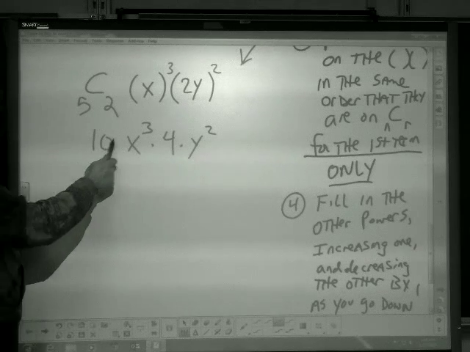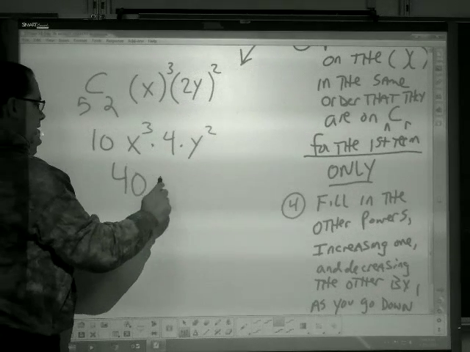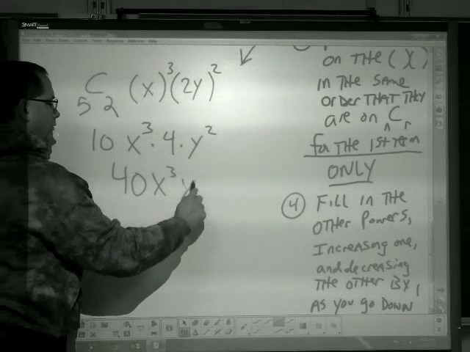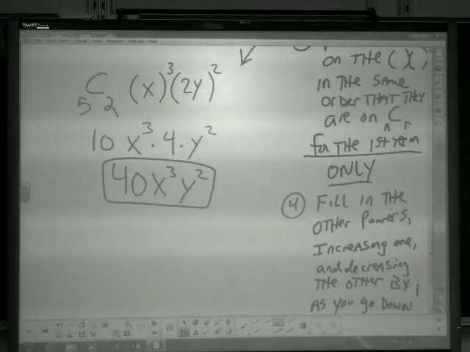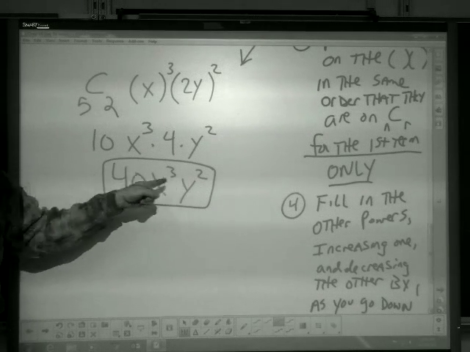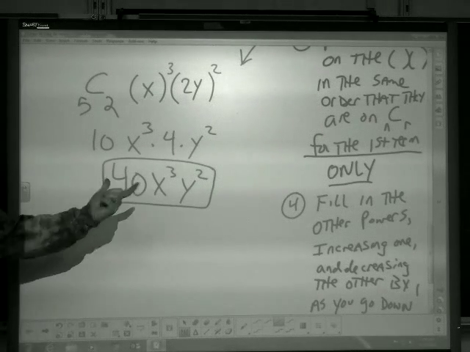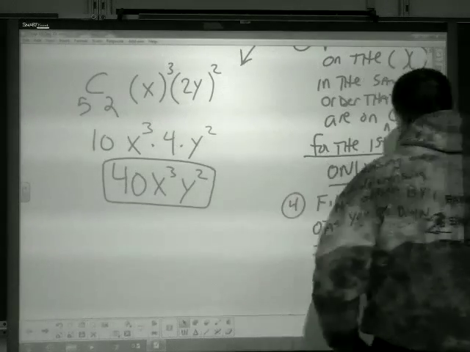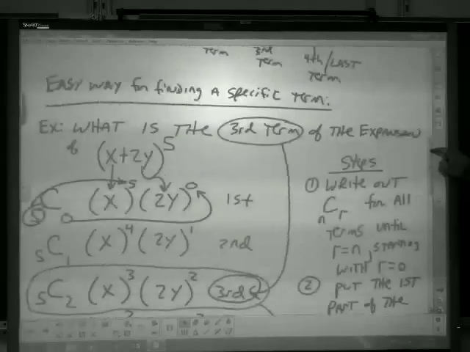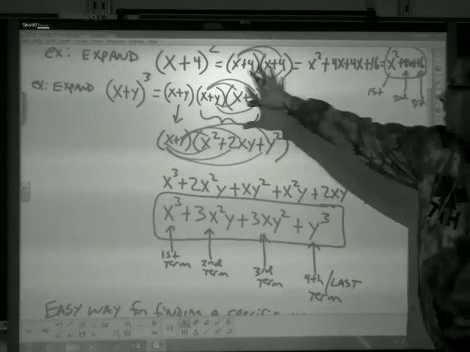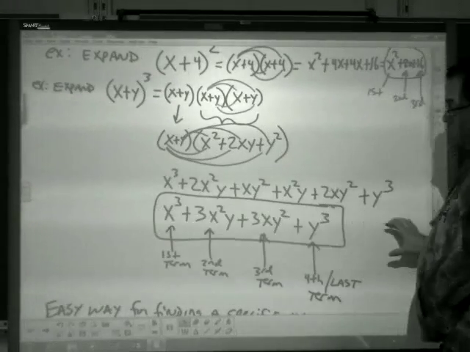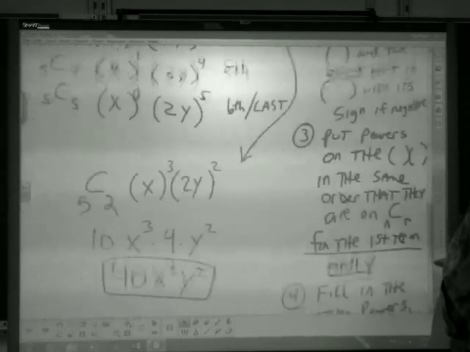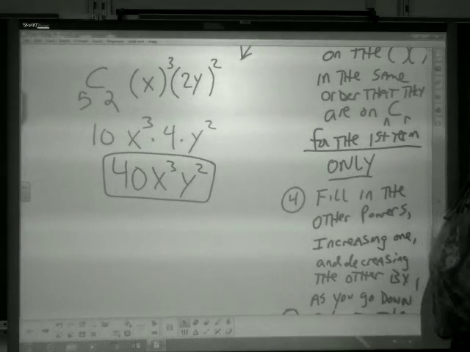So now clean it up a little bit. 10 times 4 is 40, x to the third, y squared. So what is the third term? There it is, right there. That's what I would get if I had to write out, like I did in the beginning, all of this stuff, but I had 5 of them. It would be a big mess, but that would be the third term.